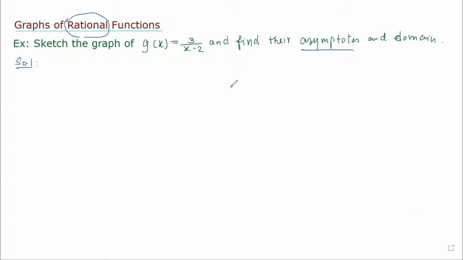When you get the intercepts, you plot side by side, left and right, maybe one or two points for each side, and that is enough. That's the way to do it.